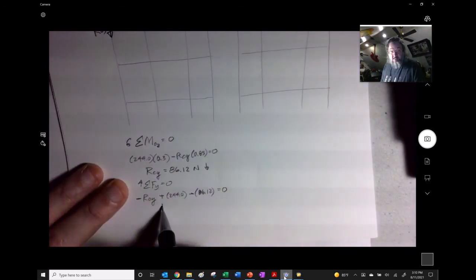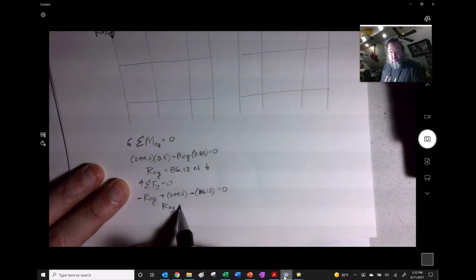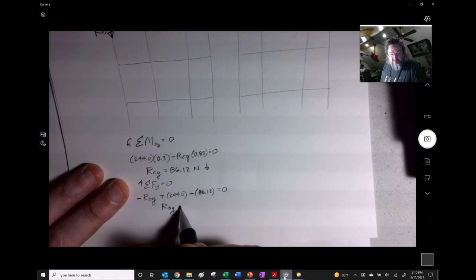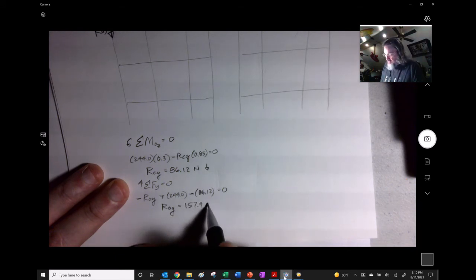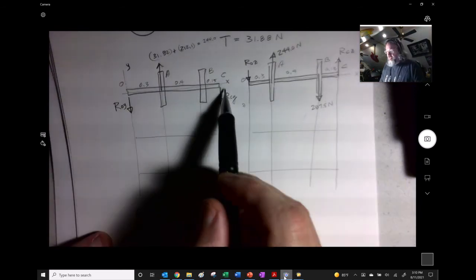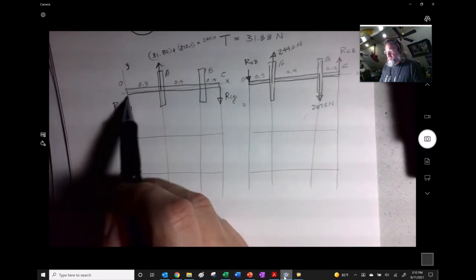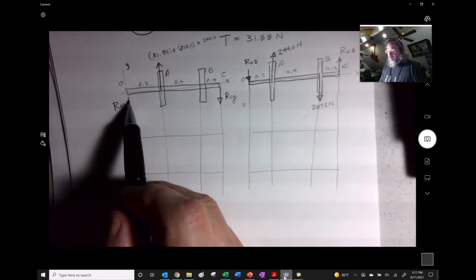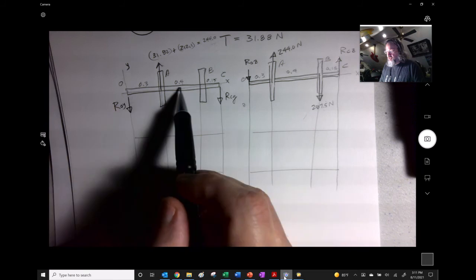So I can see that my ROY is going to be equal to 157.9 newtons. And it's also down. And it's because this one is so much closer to this one. This one doesn't nearly have to support as much of this load as that one, because it's much closer to it.